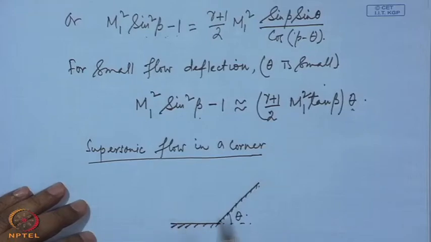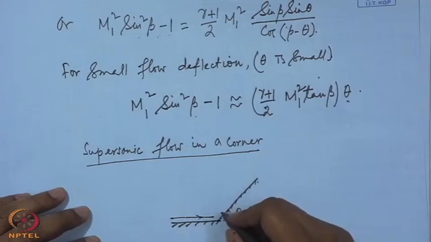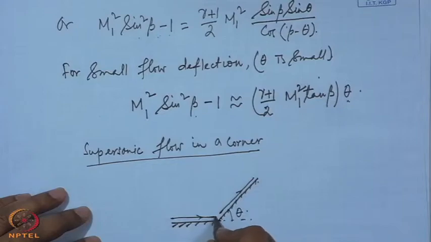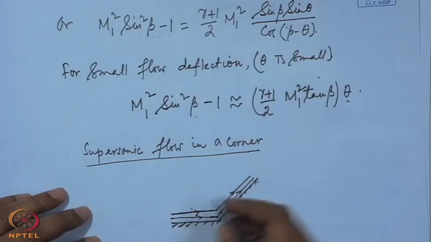So, if the flow is parallel to this, that is, if this is a straight line of the flow, then here also it must be parallel to the body or parallel to the solid wall. So, these are the streamlines.